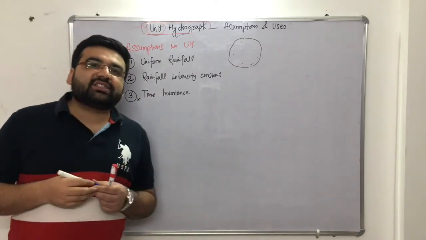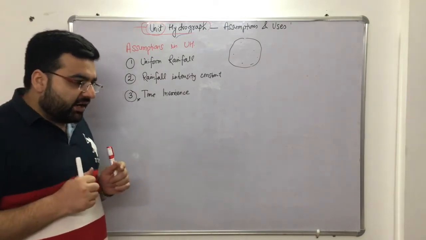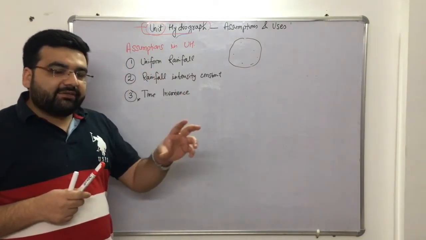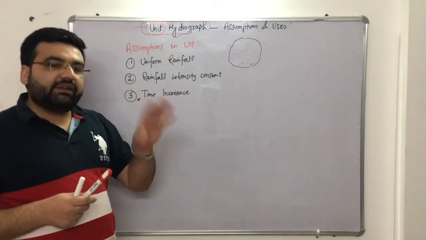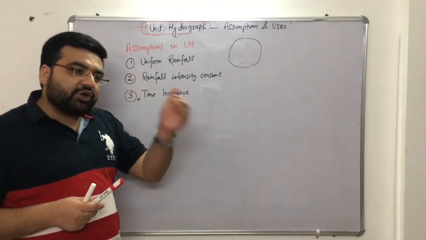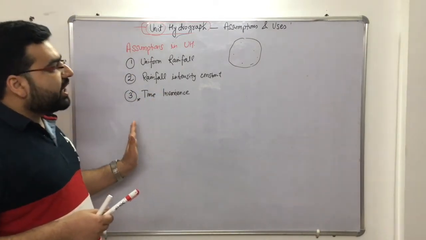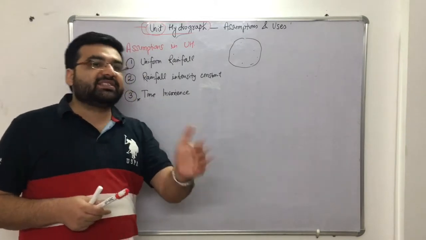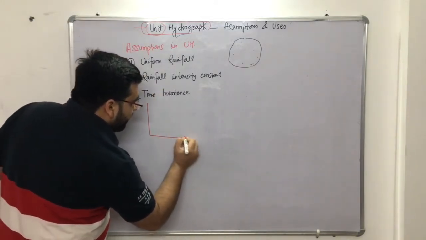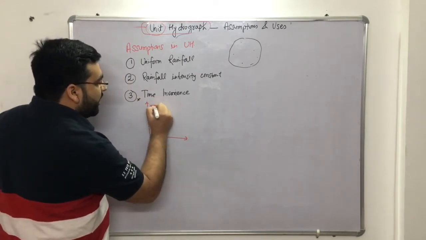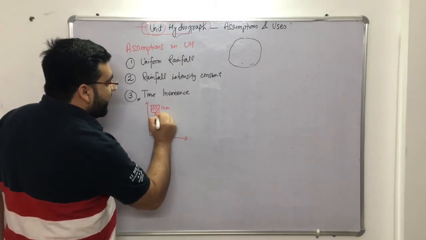Now what does this time invariance mean? Time invariance simply means that whether your particular rainfall or storm is happening in the morning hour or evening hour, or after 2 days, after 3 days, whenever it is happening, the direct runoff hydrograph will be the same. For example, let us say this is your rainfall of 1 centimeter of d hours duration.